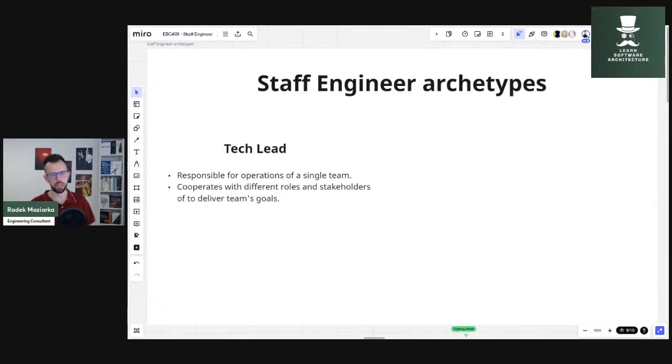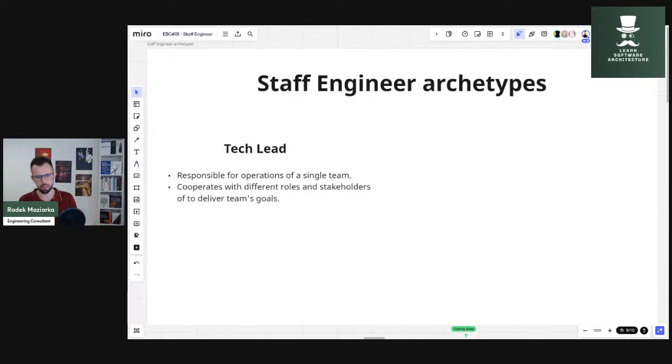Sometimes staff engineers who have this tech lead archetype are also called a delivery lead of a specific team. Some of you can argue that staff engineer and tech lead are different roles with different sets of responsibilities, and I can agree up to a point.